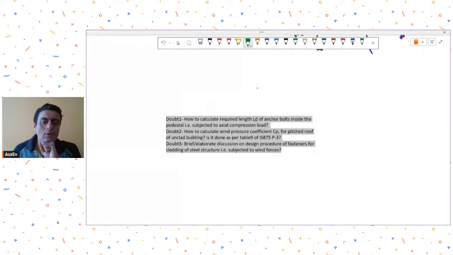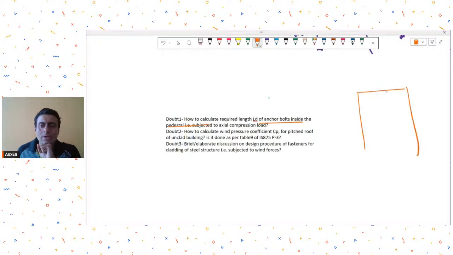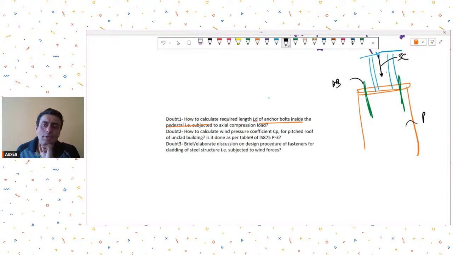So doubt one, how to calculate the required Ld of anchor bolts inside the pedestal? See, if your base plate is subjected to compression, the forces in the anchor bolts, we assume, let's say this was a steel column and this was your pedestal, these were your anchor bolts, and this steel column is subjected to pure compression, then how do the compression forces get transferred?